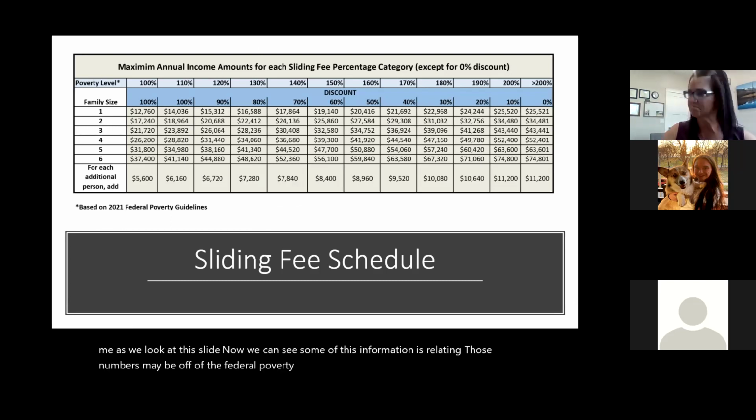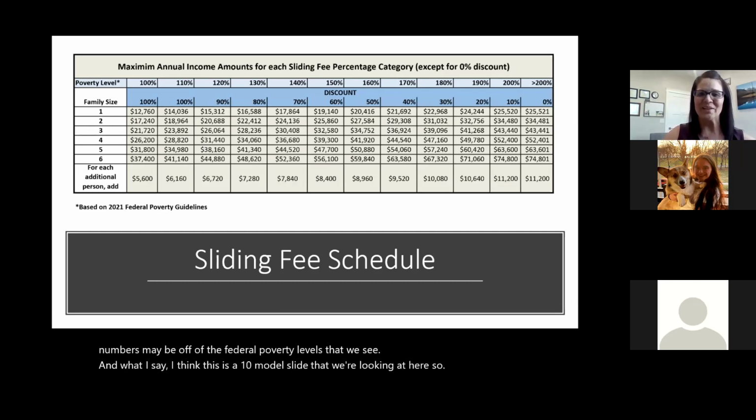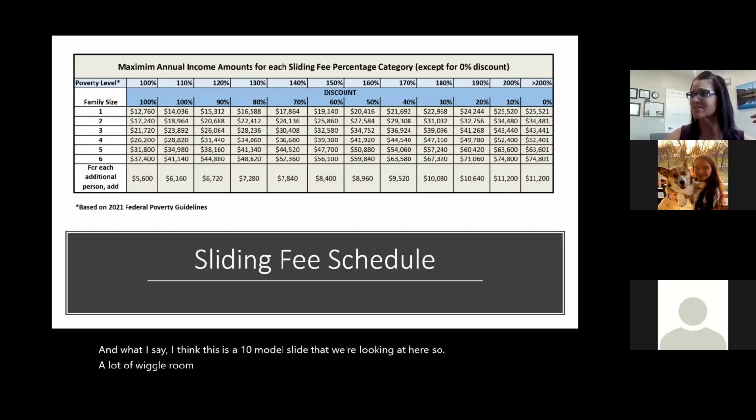I think this is a 10 model slide that we're looking at here, so a lot of wiggle room. It actually is very comprehensive and detailed, where they've really got it broken down in these individual poverty guideline levels. So just stick with me as we take a look at this.